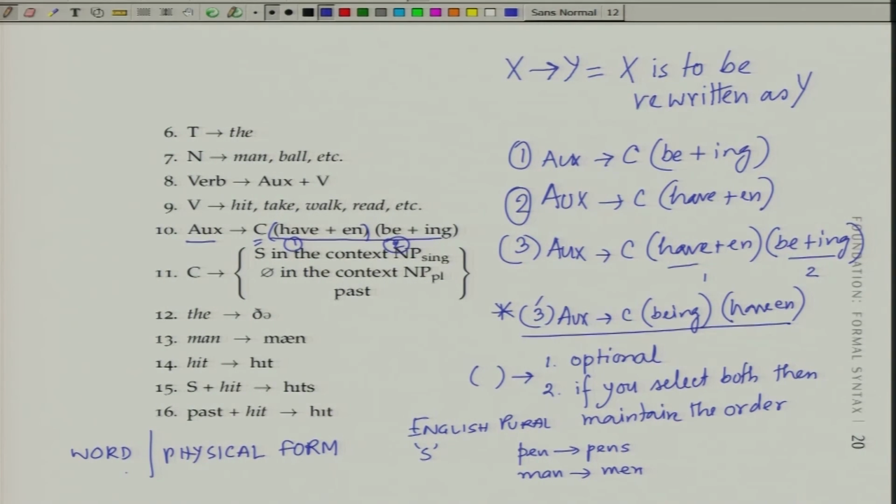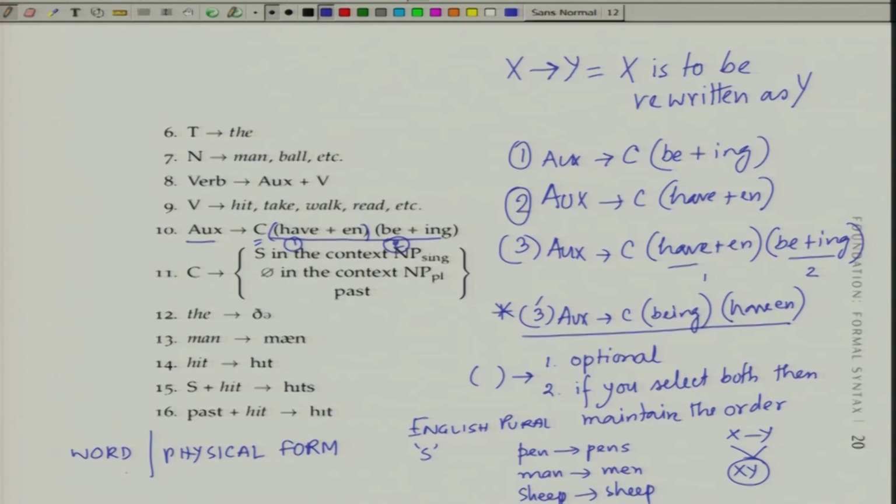But the same S makes man, men. So in the grammatical rules, it is not true that when X and Y get combined, you get XY in the physical format. In the physical form, X and Y come together, but the realization may be of many different forms. For example, if you add this plural morpheme S to sheep, you once again get sheep, not sheeps.